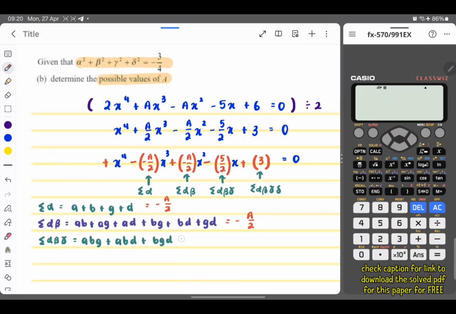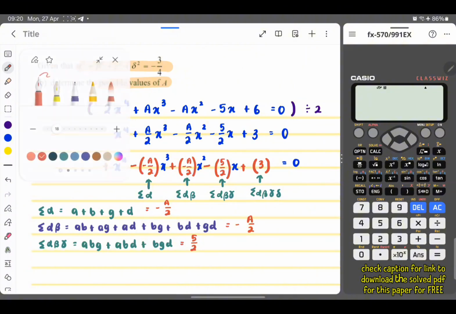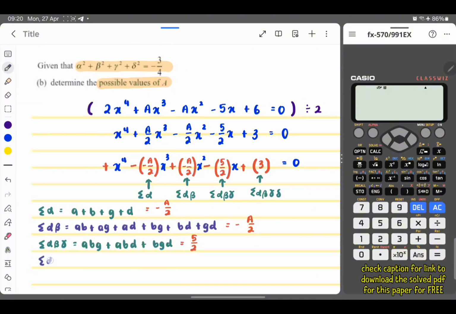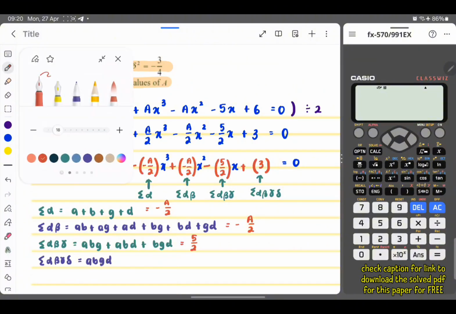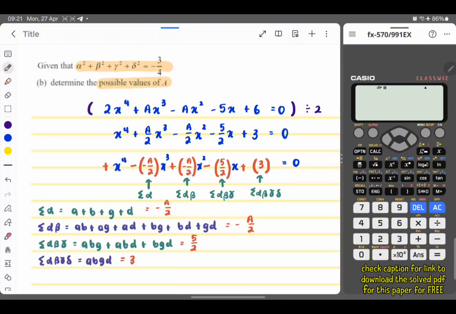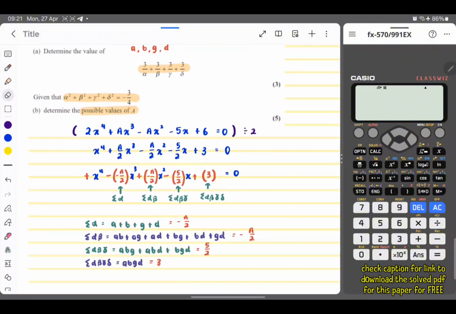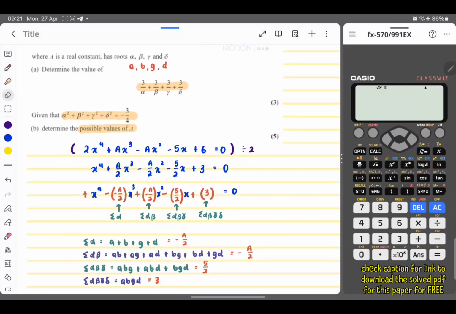This is equal to 5 over 2. Finally, summation product of 4 roots. This is equal to ABGD, equal to 3. That's it. Let's now take a look at question A.